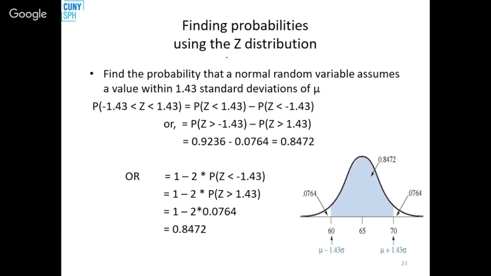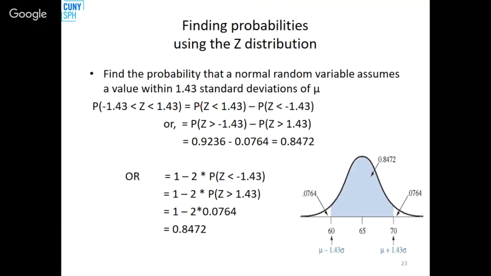So how do you do this? Find the probability that a normal random variable assumes a value within 1.43 standard deviations of the mean. Well, this is the area in between an interval.